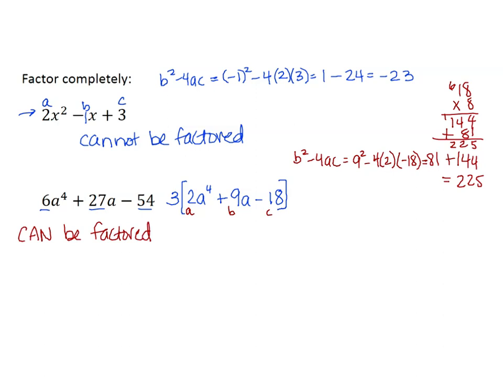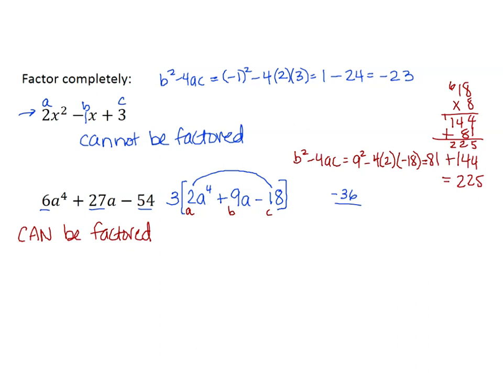So let's factor it. Now I'm going to show you a shortcut, a trick, okay? We're going to start off the same way by multiplying these two. 2 times -18 is -36.